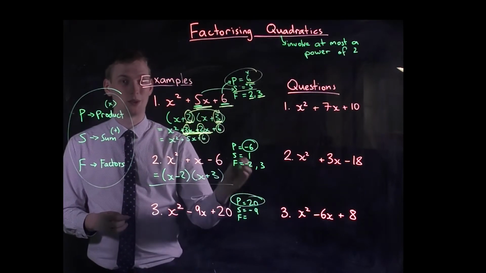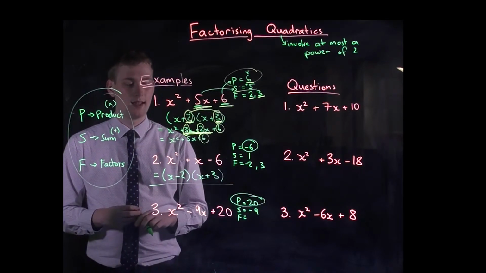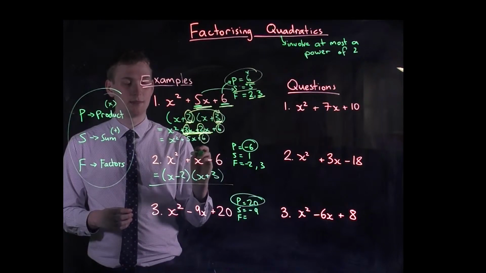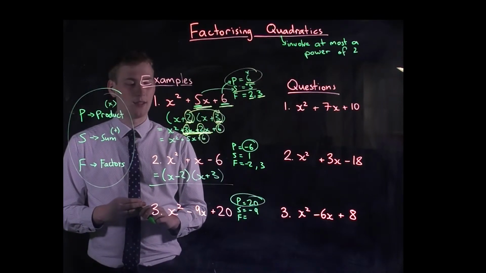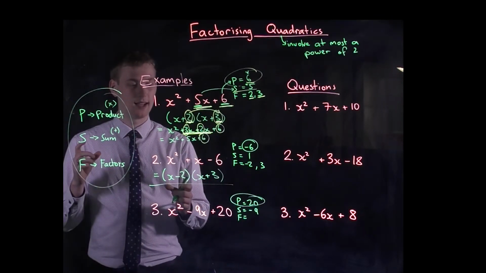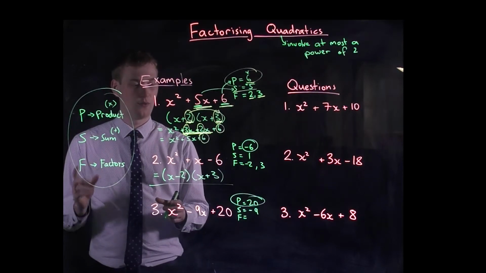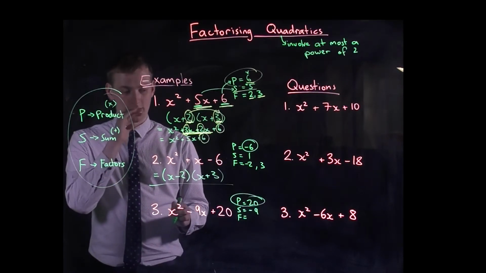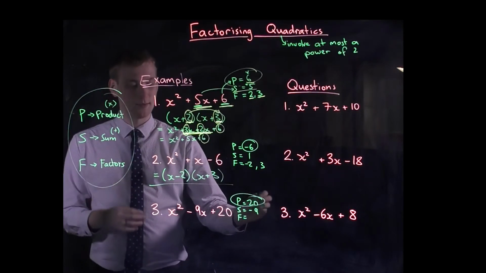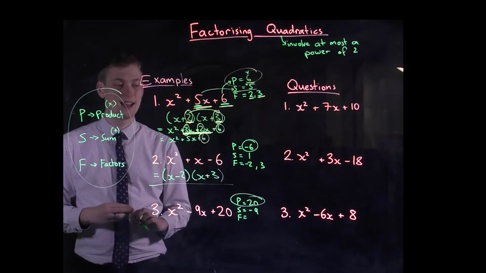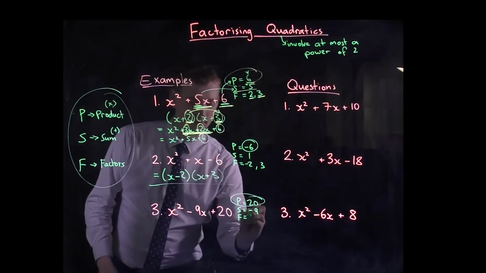Note, a negative sum doesn't always mean both numbers are negative. But if we're looking for numbers that multiply to give 20, I can think of 1 and 20, 2 and 10, or 4 and 5. Now, if we have two negative numbers and we want them to add to give -9, I'm thinking we're going to have -4 and -5.